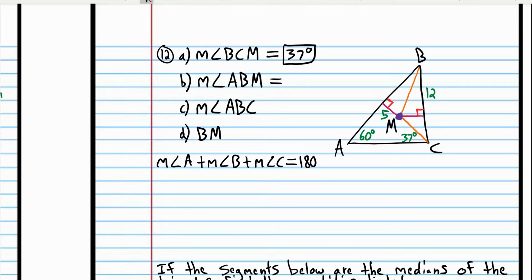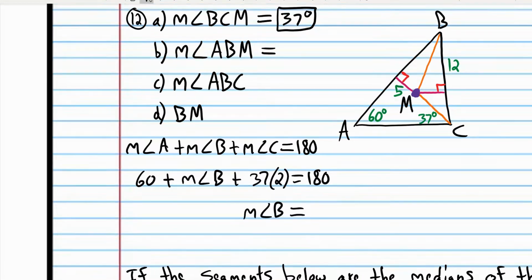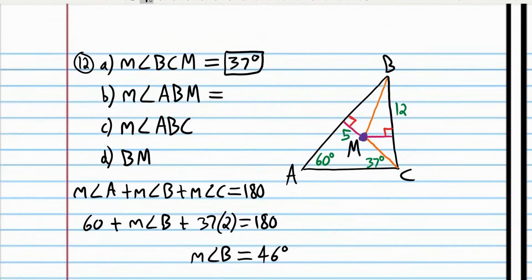Measure of angle A is 60 degrees. Measure of angle B, we don't know. And measure of angle C is 37 times 2. I'm going to write that more legibly. And so do all the math on that, and we get 46 degrees. Now that's the entire angle.